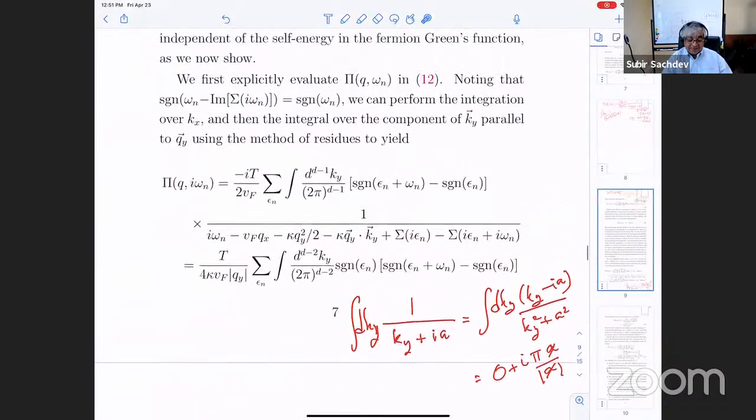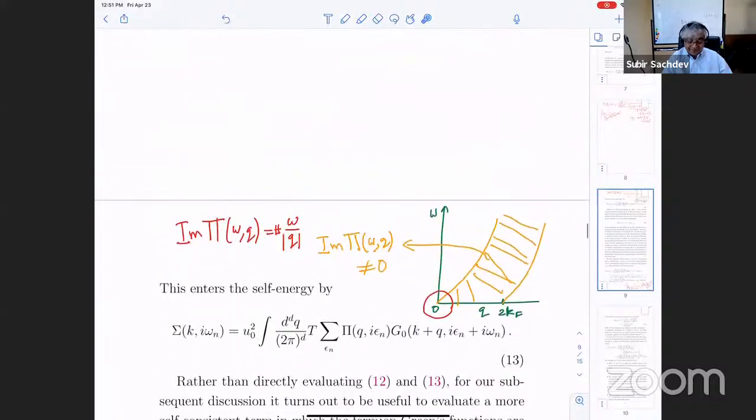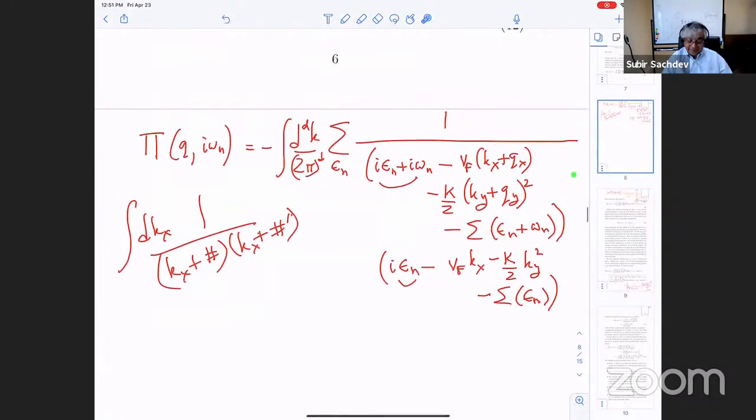Okay, so let that sink in. This really complicated integral to evaluate, a d plus 1 dimension integral at 0 temperature. Well, it all simplifies if you only want to pull out this non-analytic term.